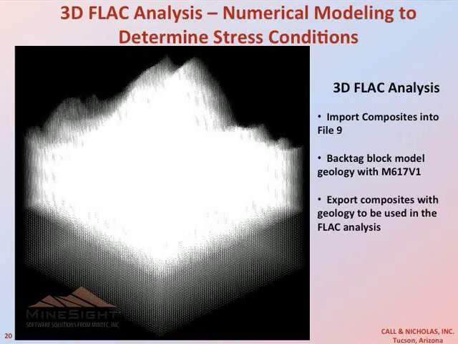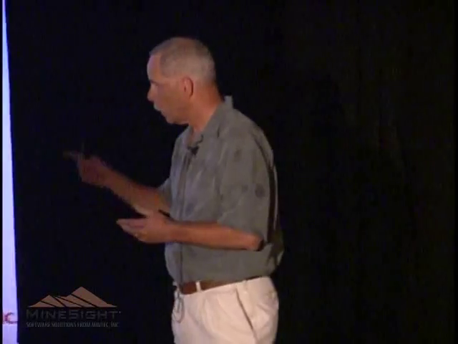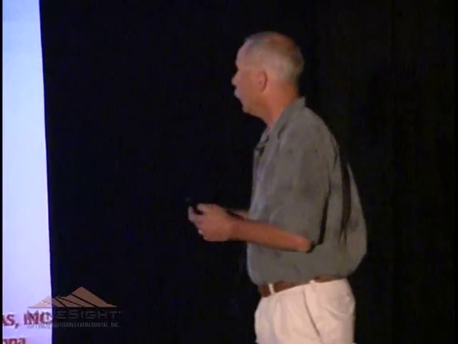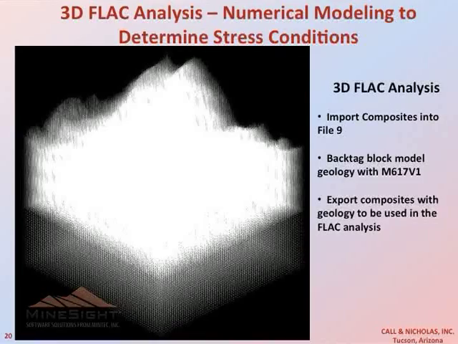So in order to get the geologic and geotechnical information into the 3D FLAC model, we need to bring the actual centroids of the FLAC model in as composites. And in some of these cases, it's in the range of 1 to 1.5 million composites.